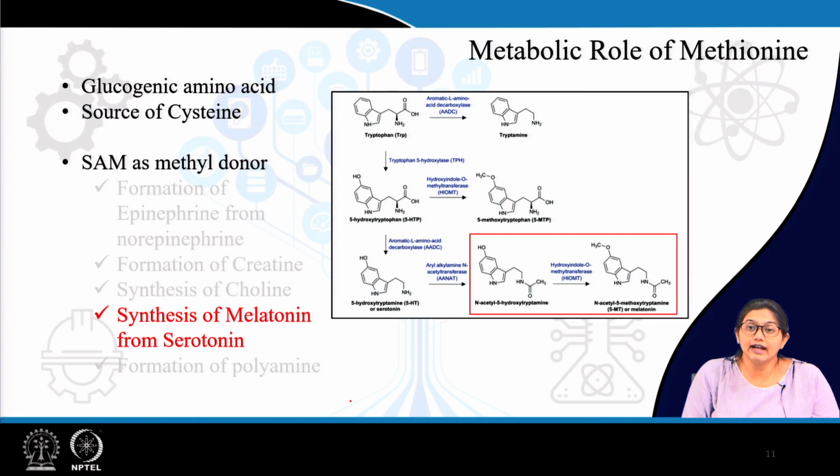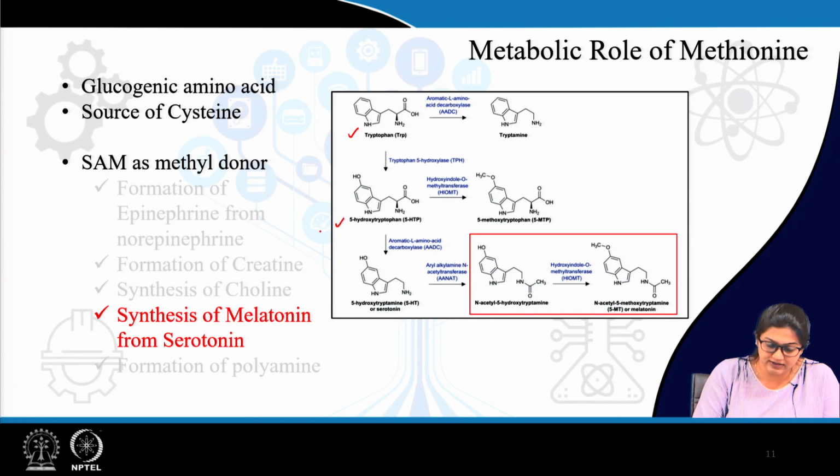So, the detail of melatonin formation will be discussed in tryptophan metabolism, because melatonin is a derivative of tryptophan. So, here in short you can see from tryptophan there is formation of 5-hydroxytryptophan, then there is formation of serotonin, which is also known as 5-hydroxytryptamine.